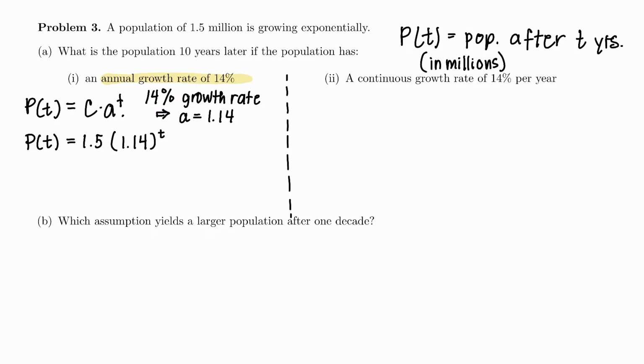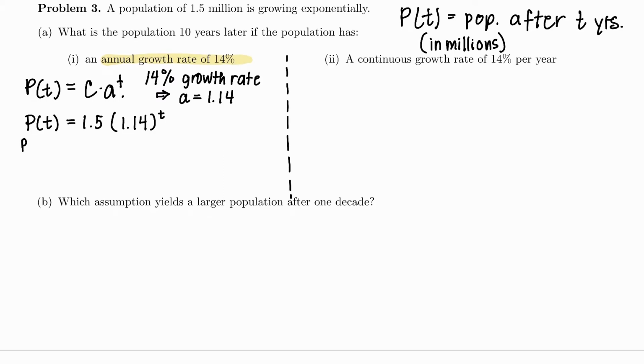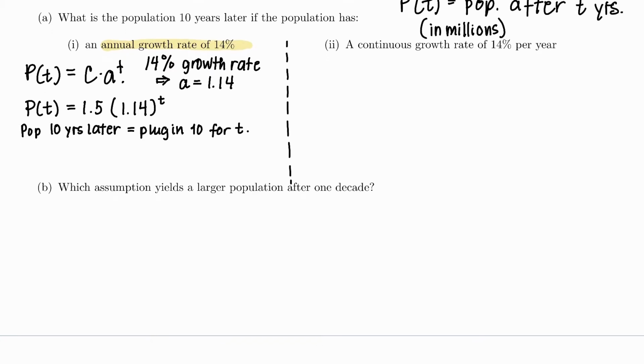And to figure out what the population 10 years later is, we'll just plug in t equals 10. So P of 10 is going to be 1.5 times 1.14 to the 10th.